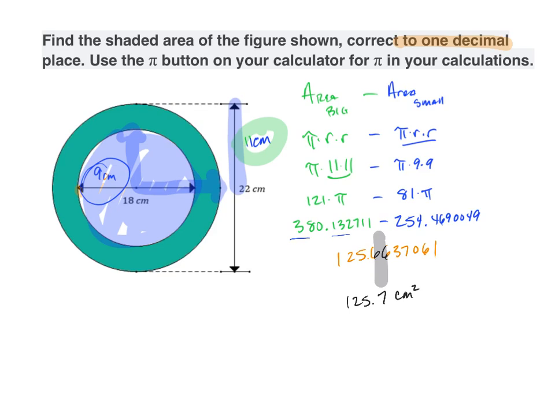Now again, I don't want to confuse you, but if I would have bypassed and gone over here and said, well, what is 121 pi minus 81 pi? I would have gotten 40 pi. And 40 times pi is this number.